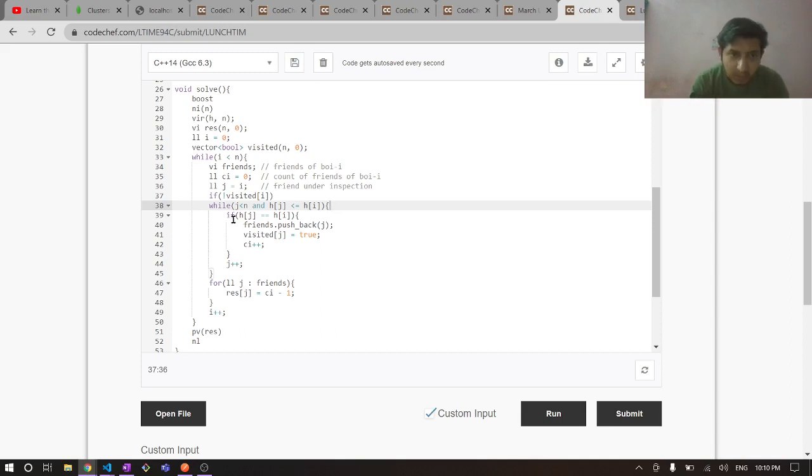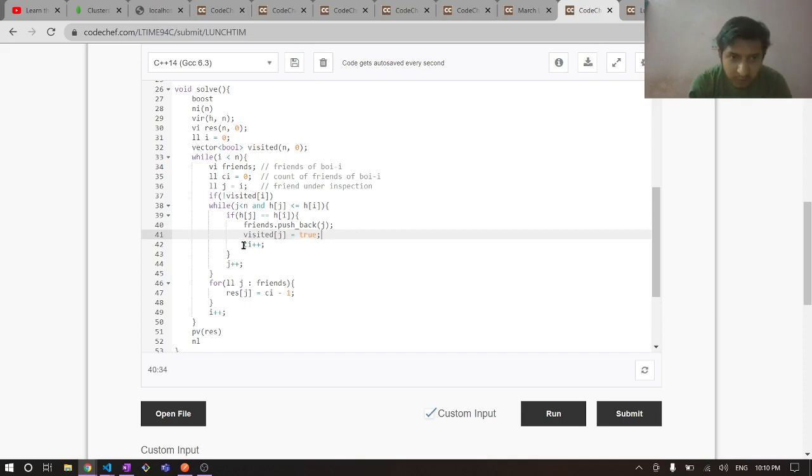Okay, now if height of j is equal to height of i, then this is a friend. So what I'll do, I'll push this j to the list of friends, the vector of friends of the student at position i. I'll mark j as true because j is visited. Simple.